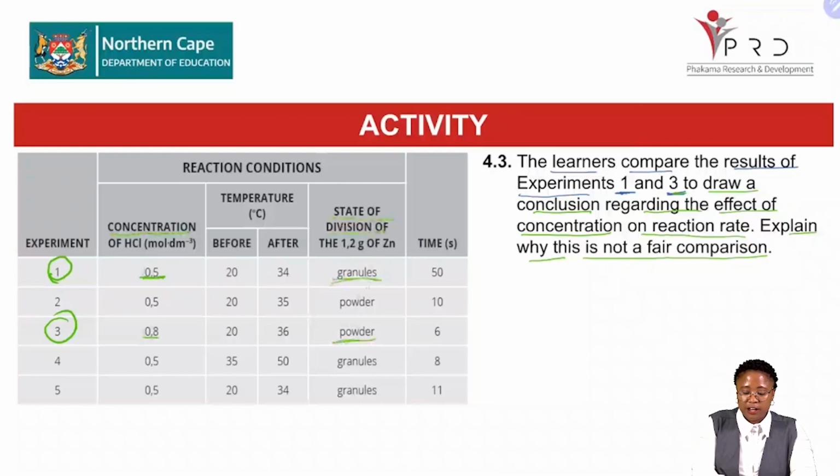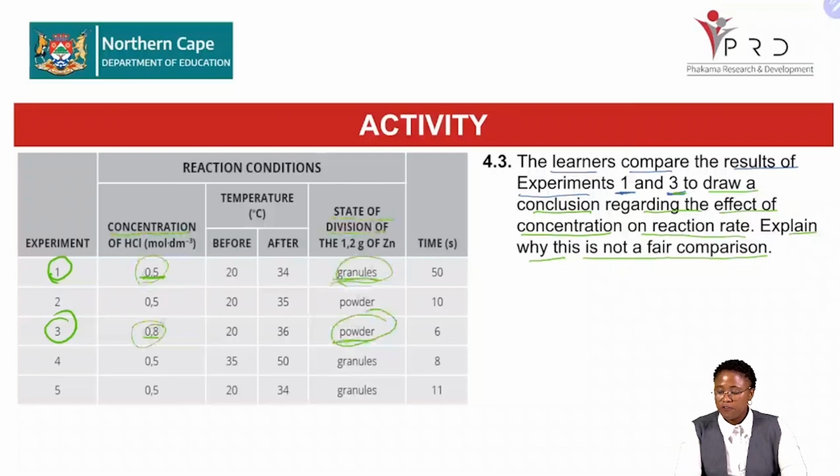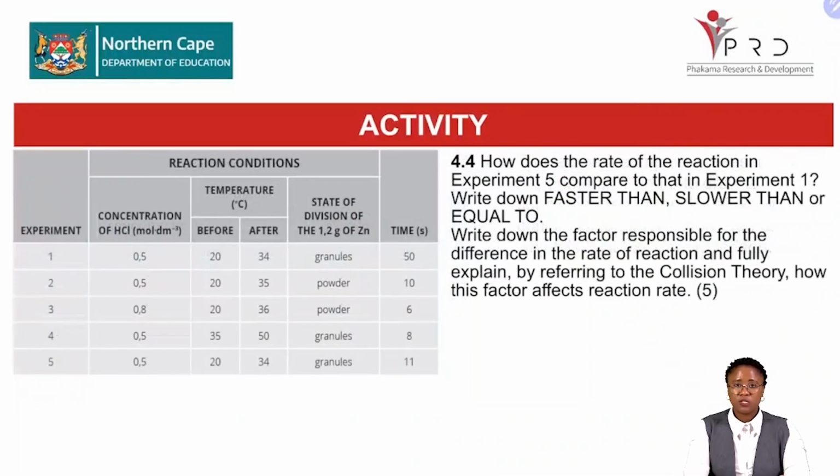So it is not a fair comparison because we cannot look at concentration alone, because the state of division also has affected the rate of reaction. There are two changes that have taken place. That is why this is not a fair comparison, or there are two independent variables that have changed the rate of the reaction. Any of those answers that you think is okay is okay.